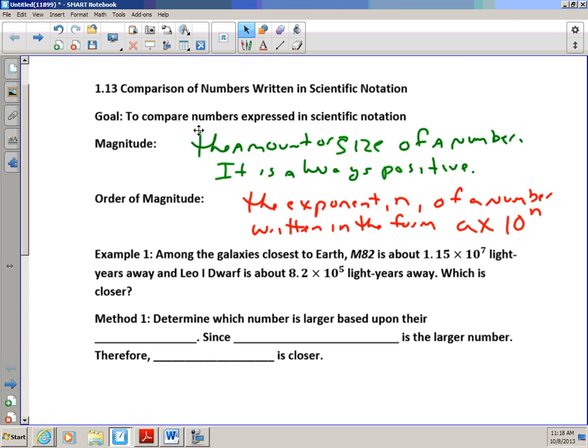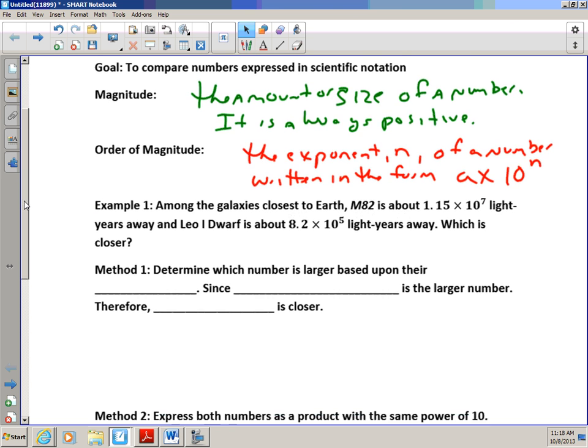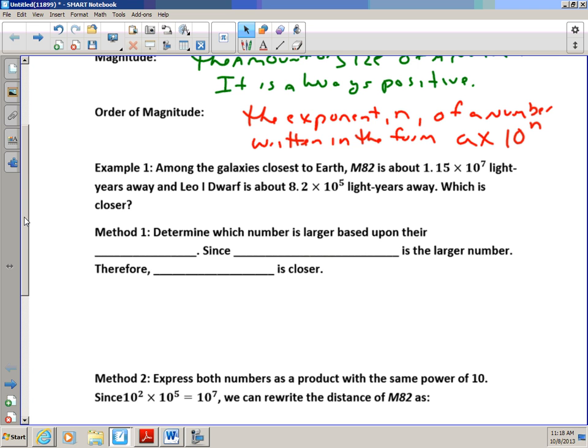Okay, so let's take a look at a couple of examples. Example 1. Among the galaxies closest to Earth, M82 is about 1.15 times 10 to the 7th light years away, and Leo 1 dwarf is 8.2 times 10 to the 5th light years away. Which one is closer? Now, to determine which number is larger, what are we going to look at?